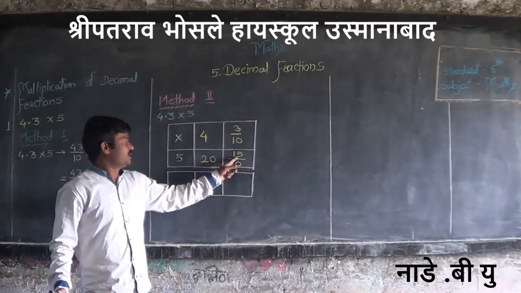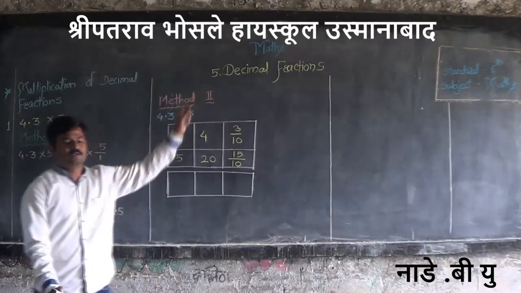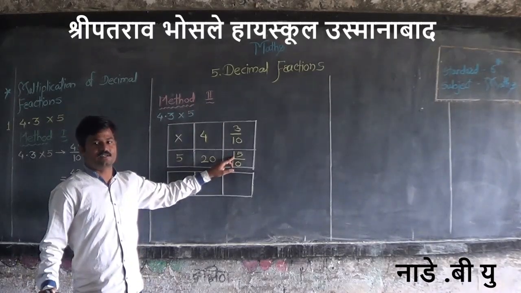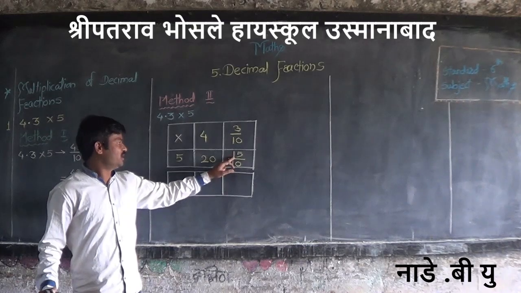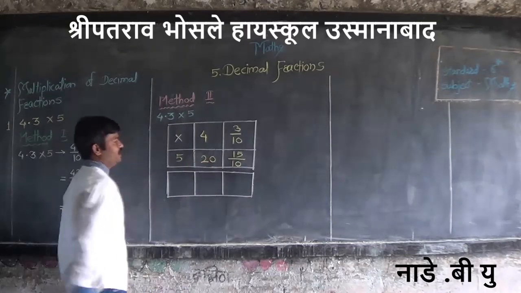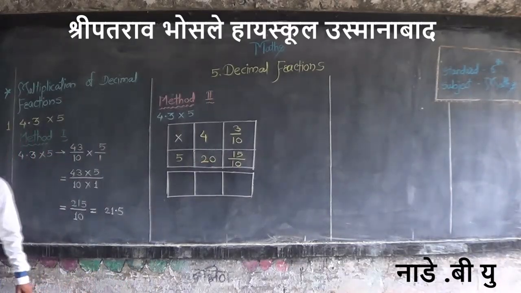Here 15 upon 10 means 1 is the integer. Hence the 1 integer is added to the integer: 20 plus 1 is 21.